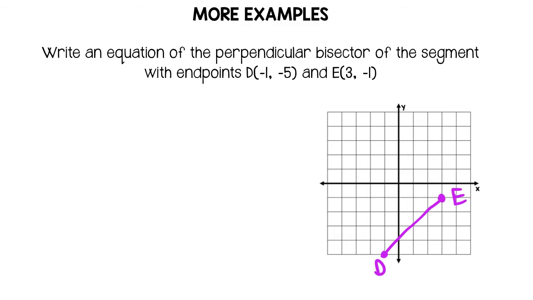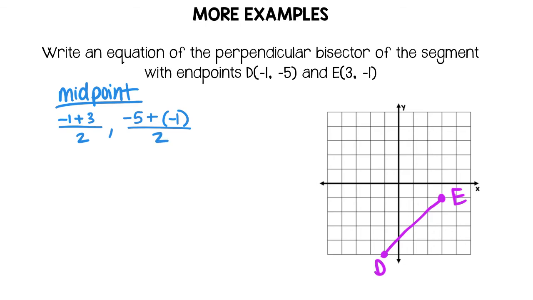Okay, so first things first, we're going to find the midpoint. So we're just going to add the x's, divide by 2, add the y's, divide by 2. So that would look like this. -1 plus 3 divided by 2. And then for the y's, it's -5 plus -1 divided by 2.